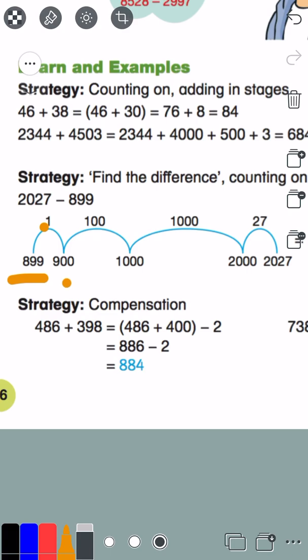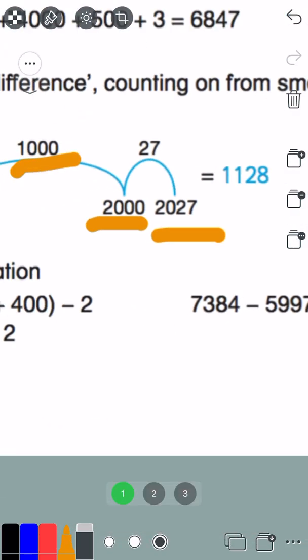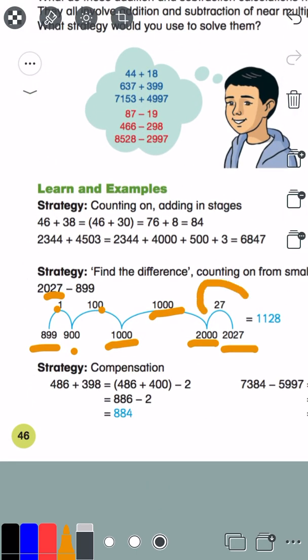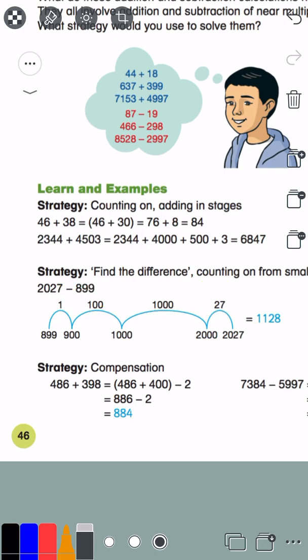Then we need 100 to make it 1000, and 1000 more to make it 2000. Then we need only 27 to make it 2027. So now we're gonna add all these differences, and this is the difference. This is the answer of the subtraction.